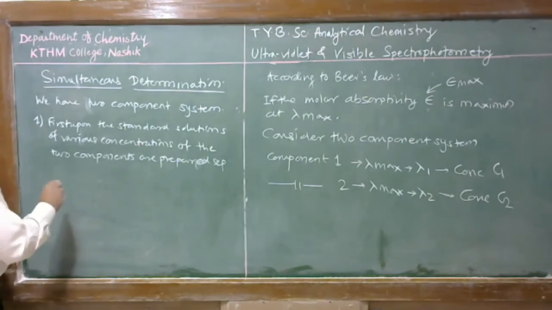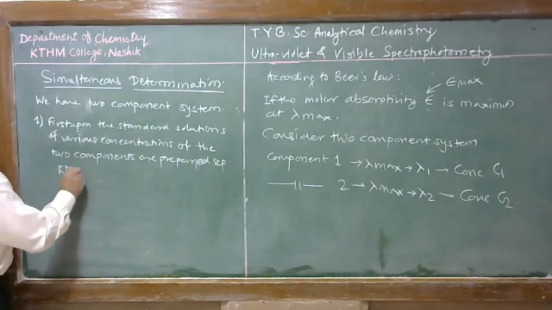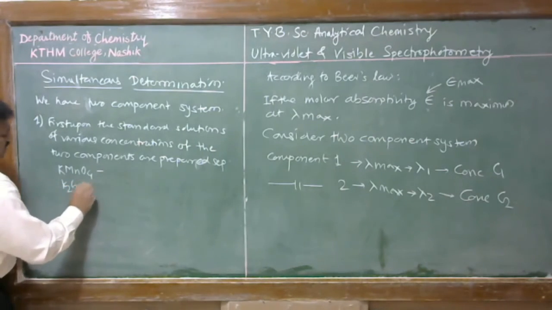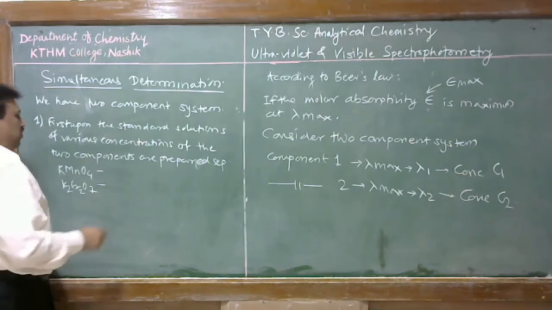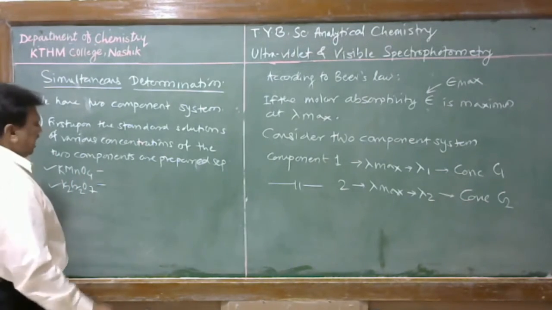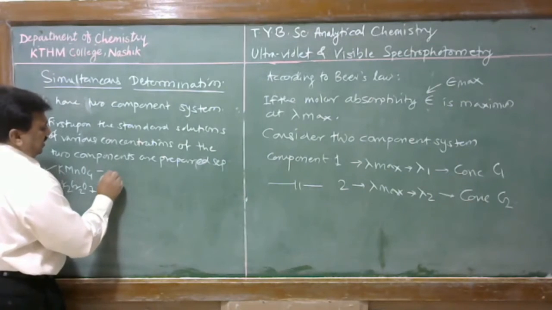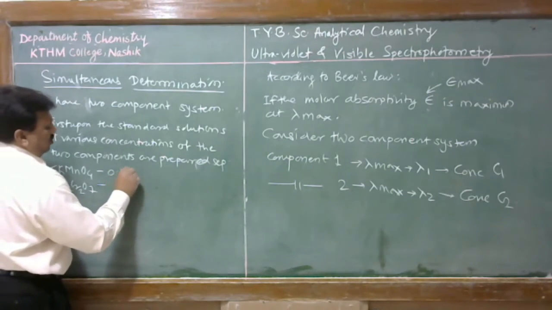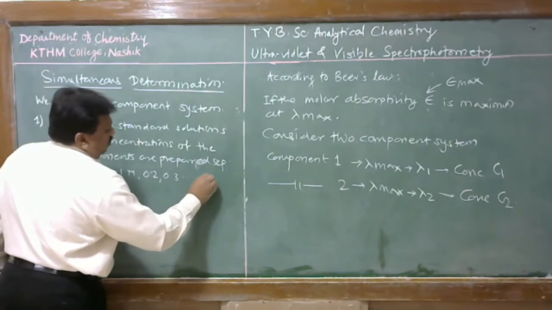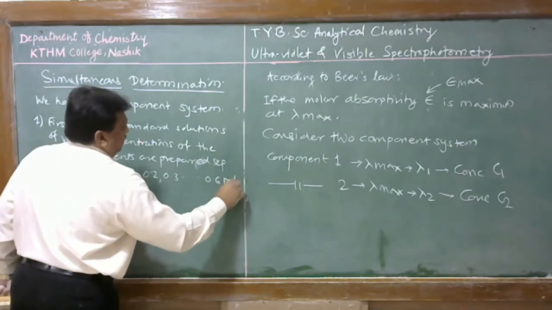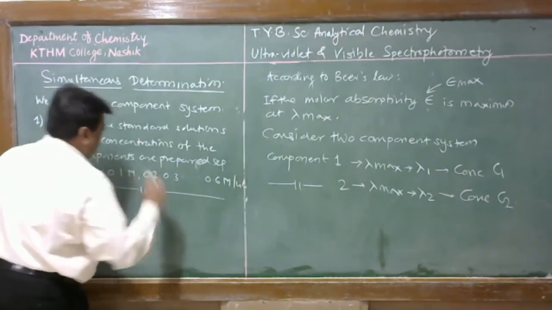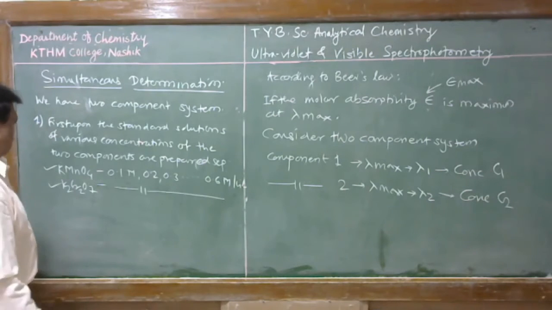Suppose for example we have KMnO4 as the first component and K2Cr2O7 as the second component. Then we have to prepare the standard solution of KMnO4 and the standard solution of potassium dichromate having various concentration ranges. Suppose for example 0.1 moles per liter, 0.2, 0.3 to 0.6 moles per liter, and so on. Similarly, we can prepare the standard solution of potassium dichromate also.